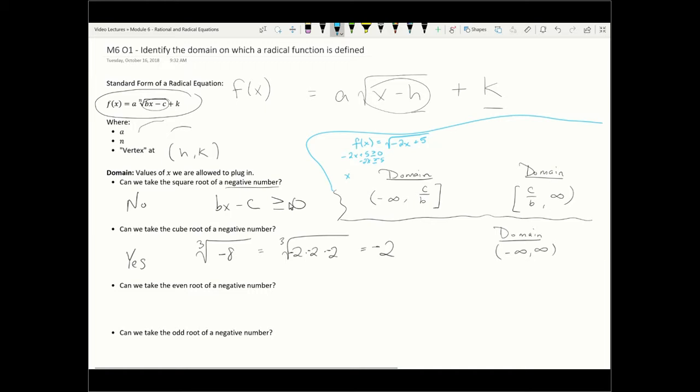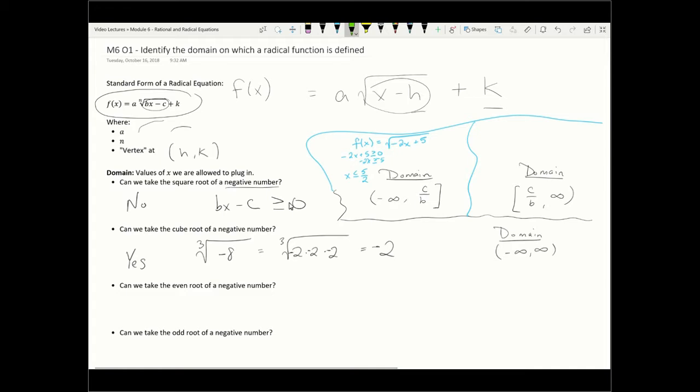And we have this important thing: when we divide by a negative, we flip the sign. So we can see here in this case, our domain is everything less than or equal to 5/2. And you can see how that looks like this domain in this case.